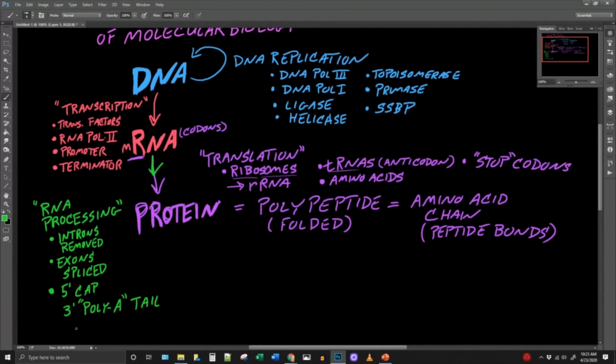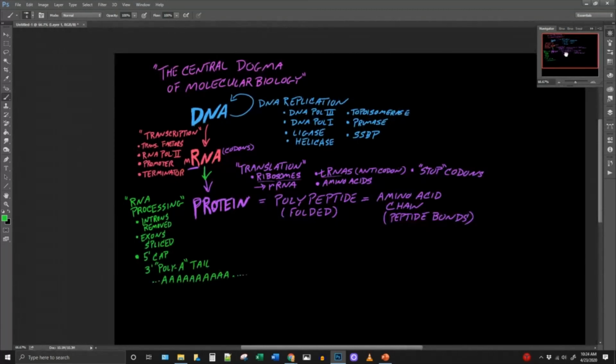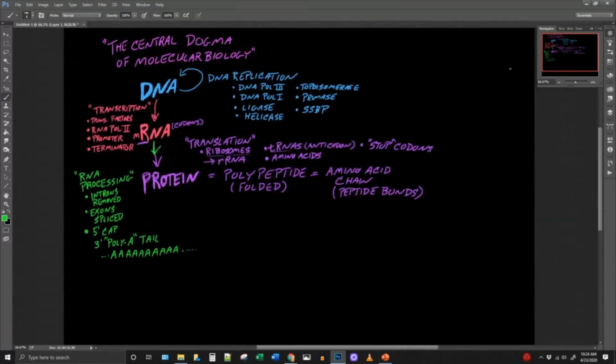Poly A because it's just a series of adenine nucleotides. A, A, on and on. Could be hundreds of A's long. So it's a nice long tail, and that just helps give a little bit of directionality to the mRNA molecule. We know which end is which, and it also makes sure that it's safe during transport here. So that's the central dogma of molecular biology and how DNA, RNA, and protein relate to each other.